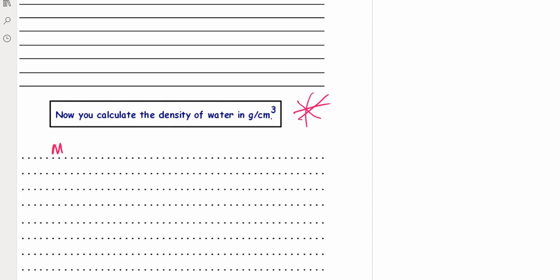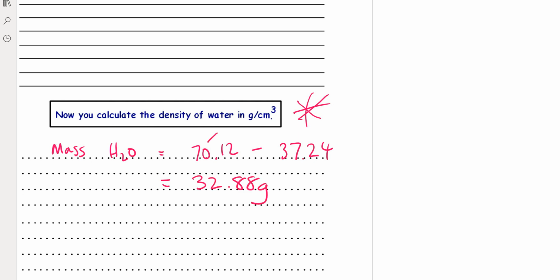The mass of the water equals 70.12 take away 37.24, and that gives us a mass of water of, I'm just working it out on my calculator, 32.88 grams.